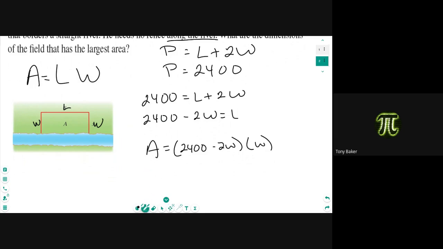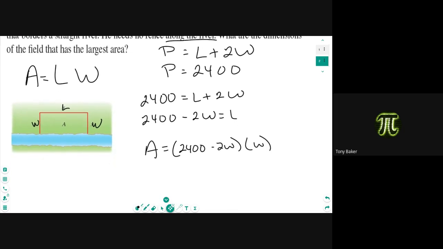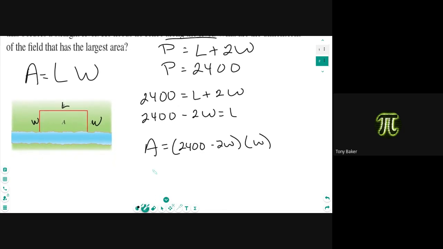So we're looking for the maximum area, right? Okay, so when we're looking for maximum area, or maximums or minimums, what thing do we use to find that? What have we been doing all along in calculus? Derivative.